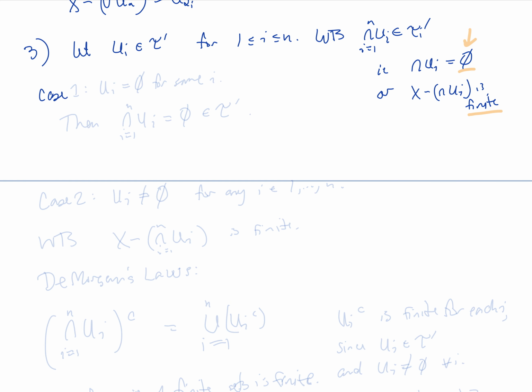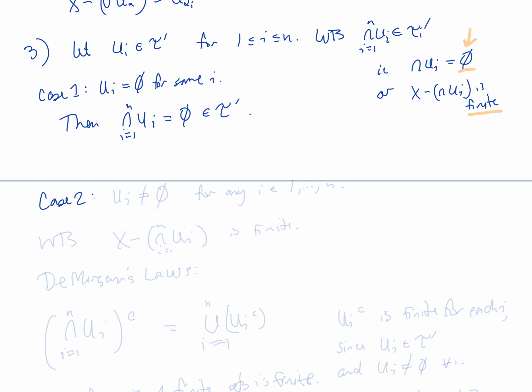So case 1: U_i equals the empty set for some i. Then the intersection from i equals 1 to n of the U_i's is also the empty set, and that's automatically in tau prime by definition.